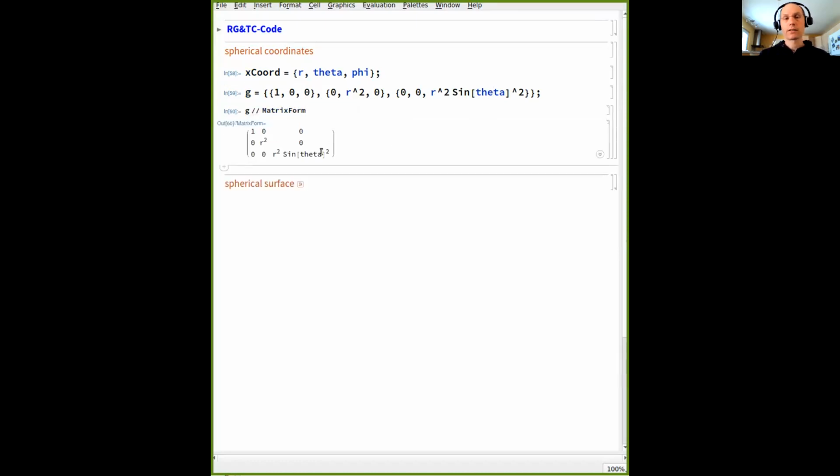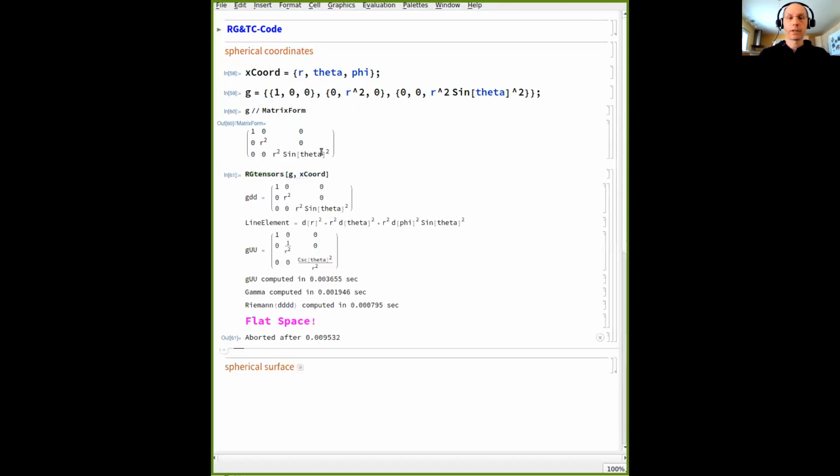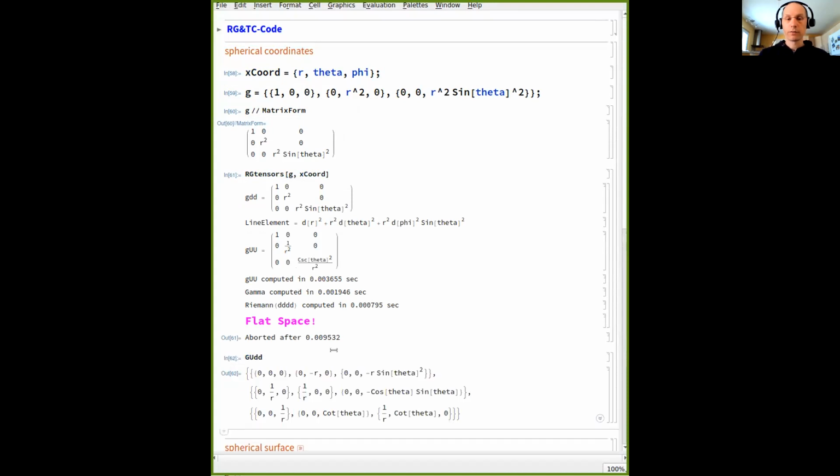So I'm now going to call the tensors function with the metric and the coordinates. If I do so, I get in particular my Christoffel symbols. We can look at our Christoffel symbols, and indeed they have non-vanishing entries, so they're not all trivial.